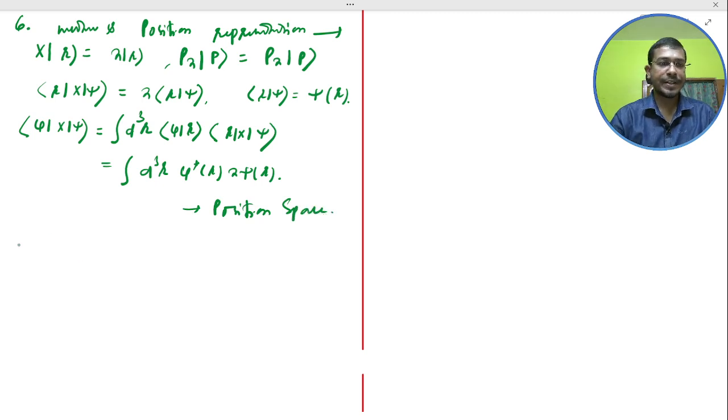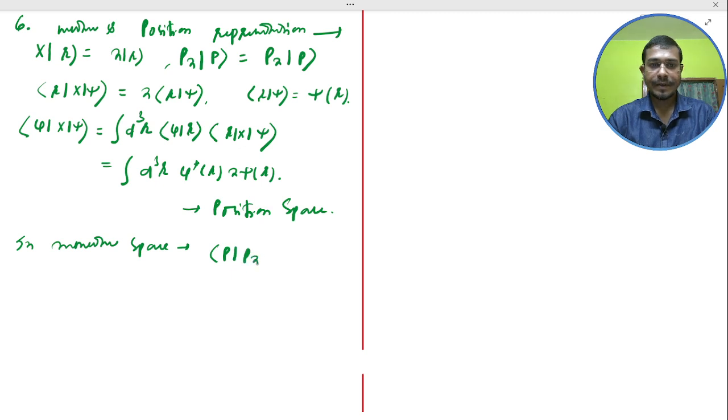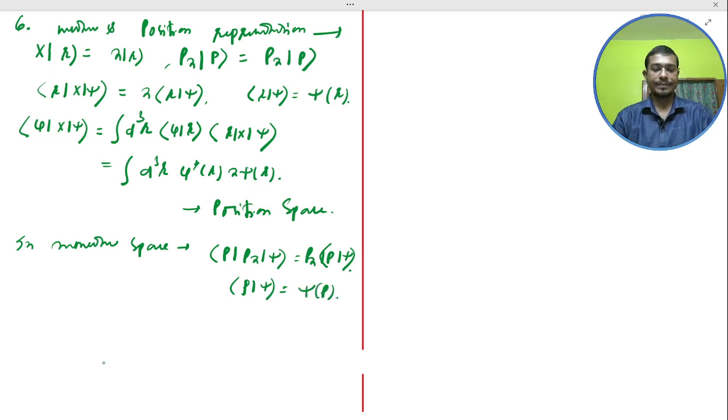And in the momentum space, it should become px|p⟩. This is equal to px|p⟩, and the ⟨p|ψ⟩ inner product should be ψ(p). Simple.